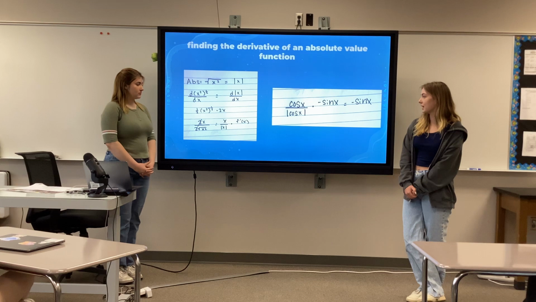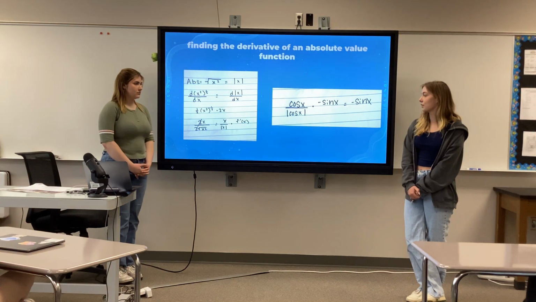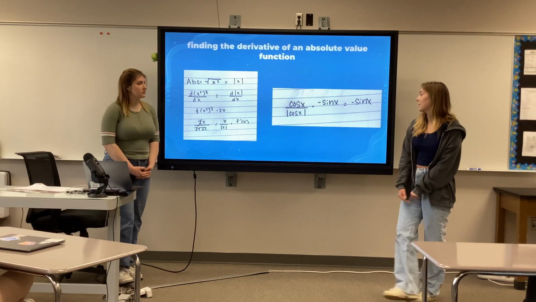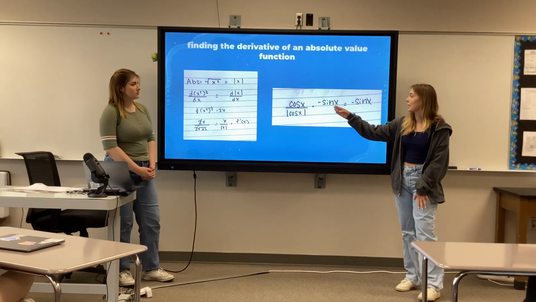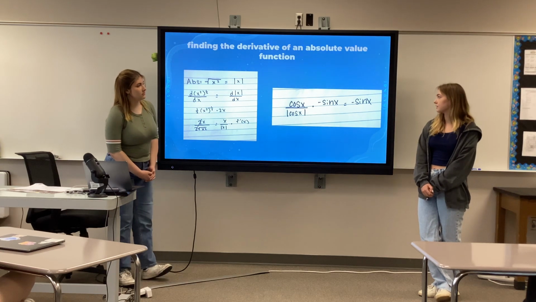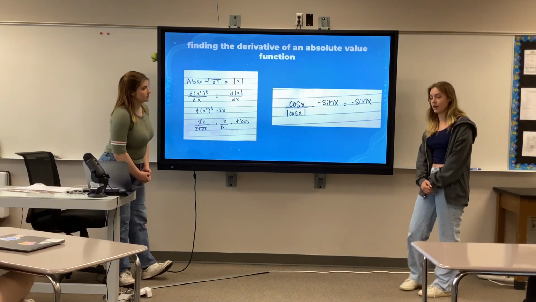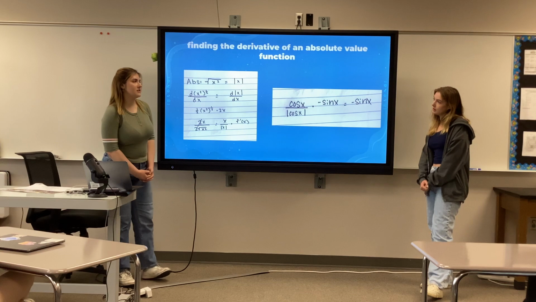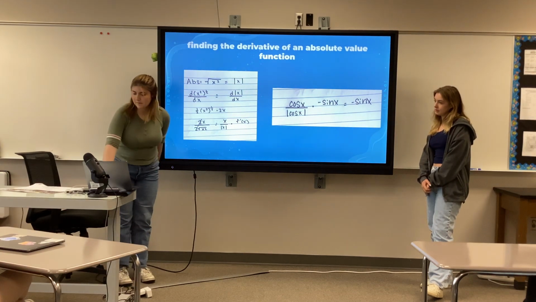And then simplifying that, you would get x over the absolute value of x times f prime of x. So when we had to use our cosine function, we had cosine x over the absolute value of cosine x times negative sine x, which gives us negative sine x. And that's the function of our second jump. Yeah, second jump.